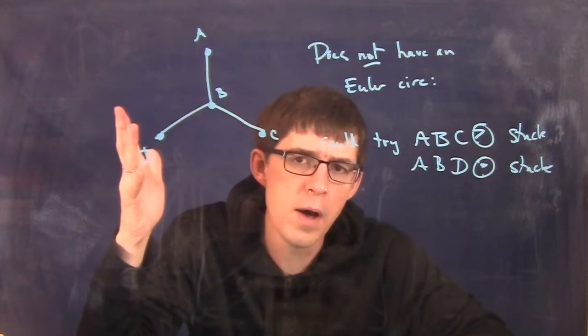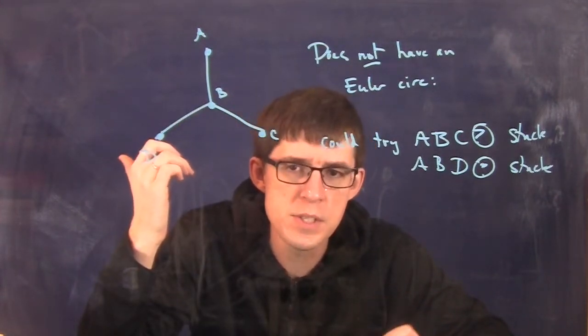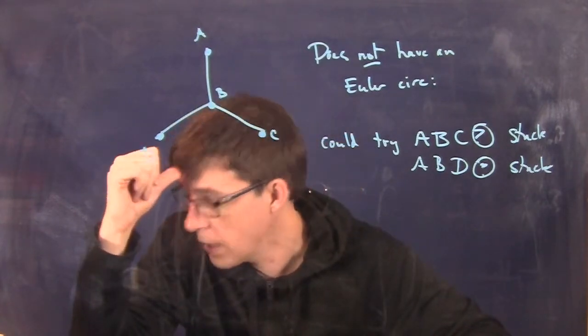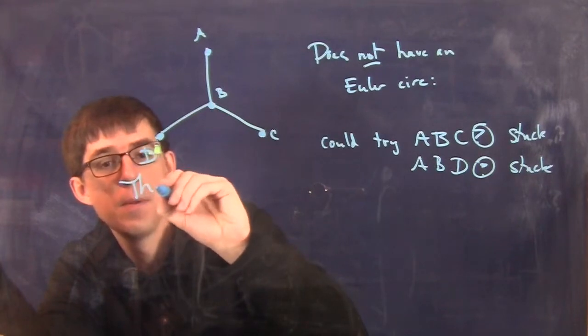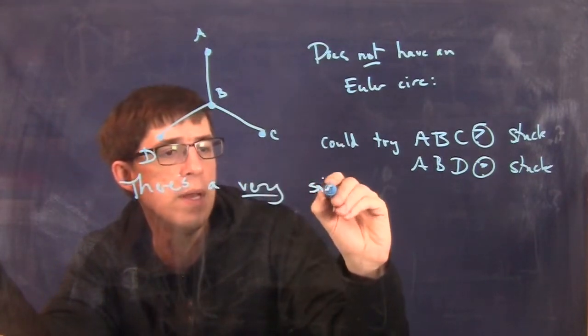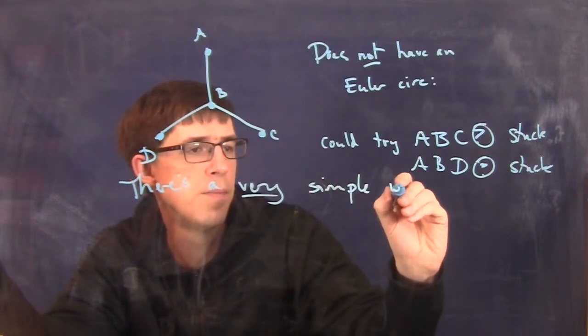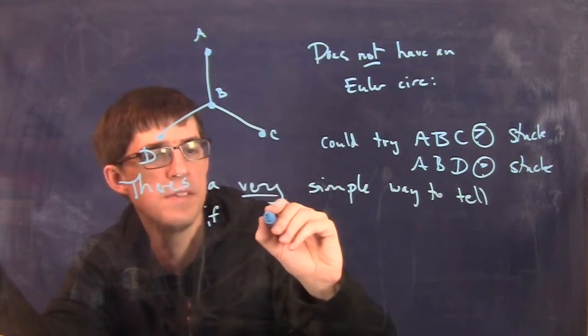This is an easy example, but a larger graph can be much more difficult to understand if it has an Euler circuit or not. But I'm here to tell you, it turns out there's a very simple way to tell if a graph has an Euler circuit.